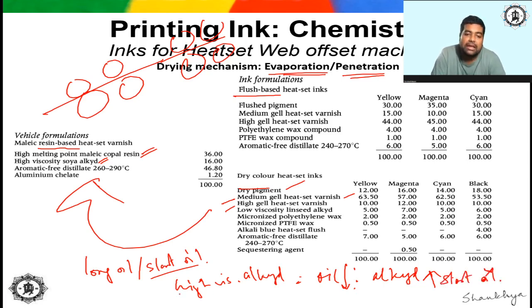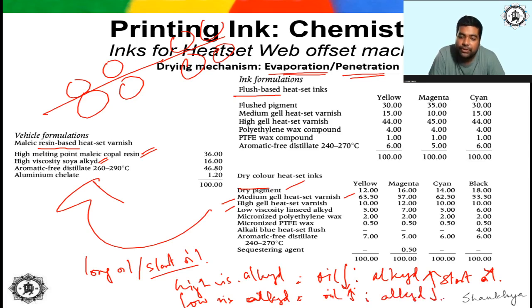Okay. Now, another type of alkyd is low viscosity alkyd. Here, just the reverse happens. That is, the quantity of oil is greater in comparison to the quantity of alkyd. This is sometimes referred to as long oil alkyd.